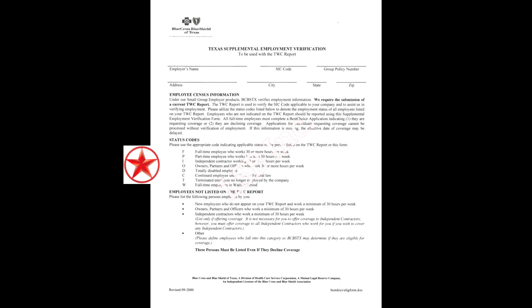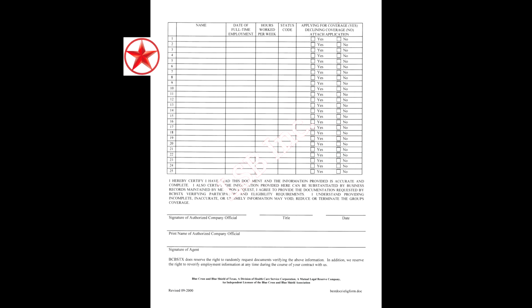If they're full-time employees, then you would just put an F for full-time. And then to the right of that, you'll just check if they are or if they are not enrolling in coverage. And then down at the bottom of the form, we'll need a signature from an authorized company official, and then just put their title, date, and then print their name. And as the agent, we will sign the bottom of that form for you.